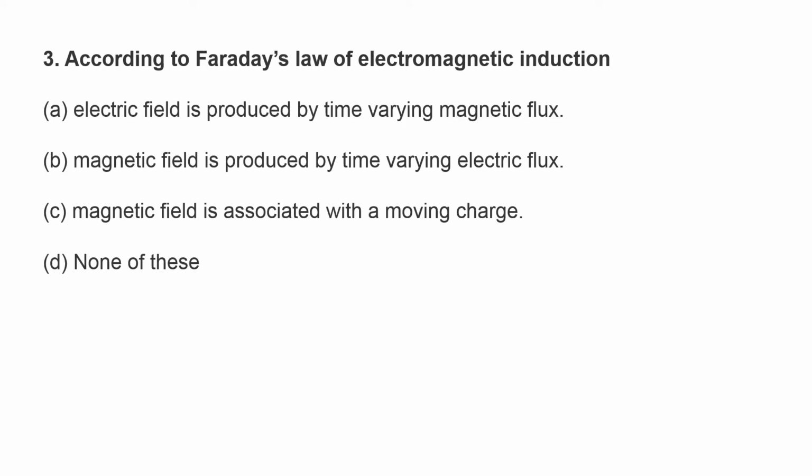So according to the statement of Faraday's law, the answer for this question is option A, that is electric field. EMF is induced means electric field is produced by time varying magnetic flux. If there is a change in flux, then EMF is induced. So the answer is option A. There is no production of magnetic field.